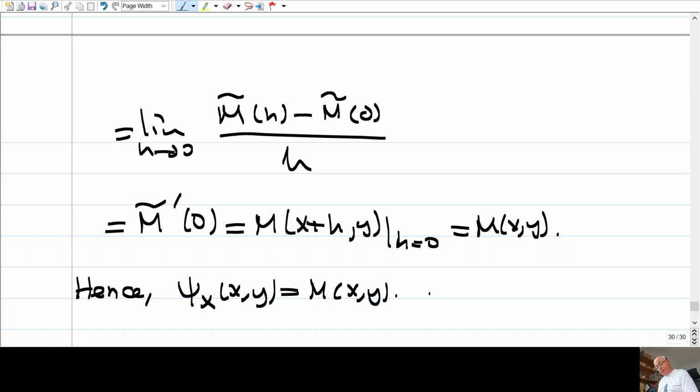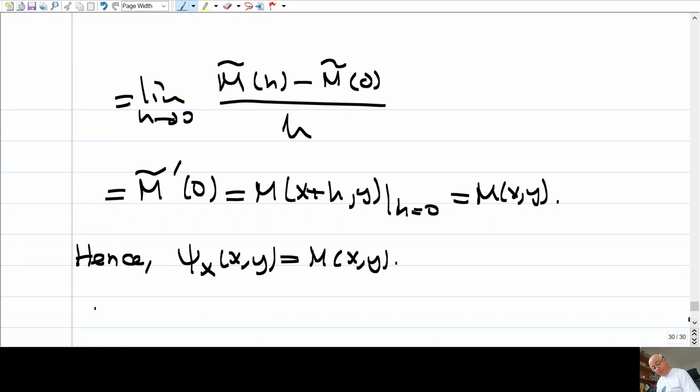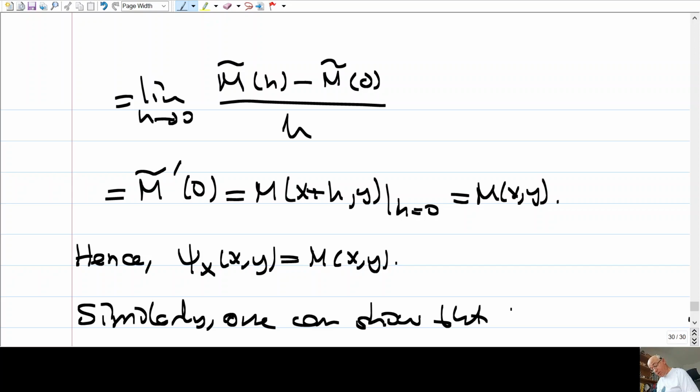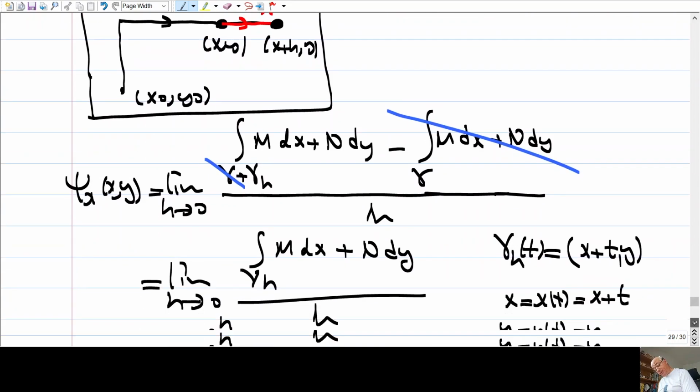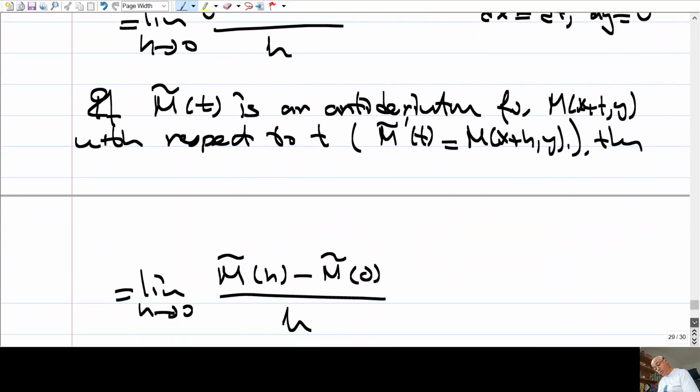Okay. Similarly, one can show that the y derivative of this is just n of x y. Right. We computed the x derivative, and it turned out that that's equal to m.